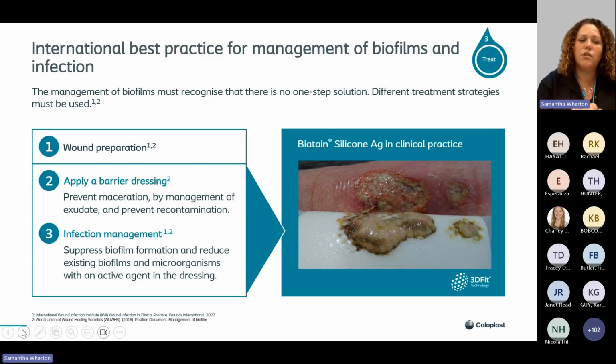So that's why you need to use an active agent to break them down and actually kill that bacteria. So through that mechanical debridement using the all prep pad, disrupting that polysaccharide film that they've covered themselves in, you then use that active agent, which will then kill that bacteria, which will then hopefully progress that wound to healing.